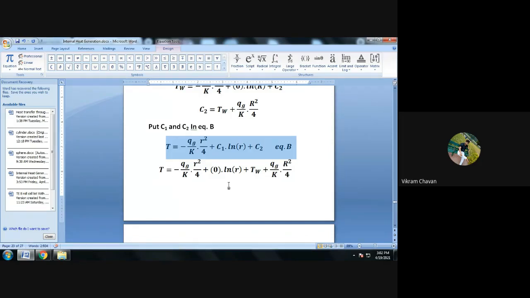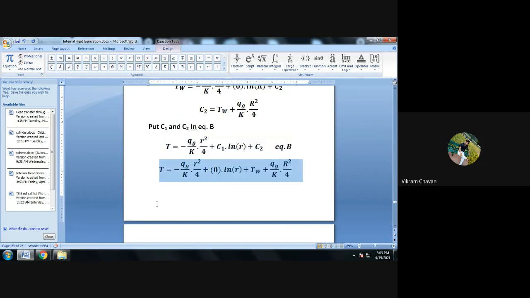Now put C1 as 0 and C2 as Tw plus Qg divided by K multiplied by R square divided by 4 in equation number B.